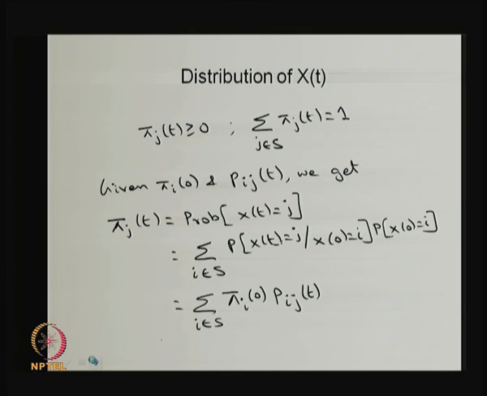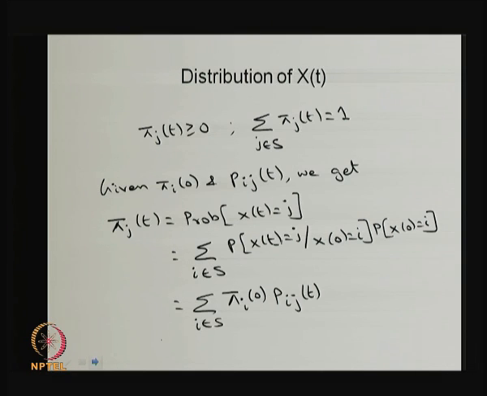It has the probability mass function, that is pi j of t, and if you make a summation over S, where S is the state space, that summation is going to be 1.